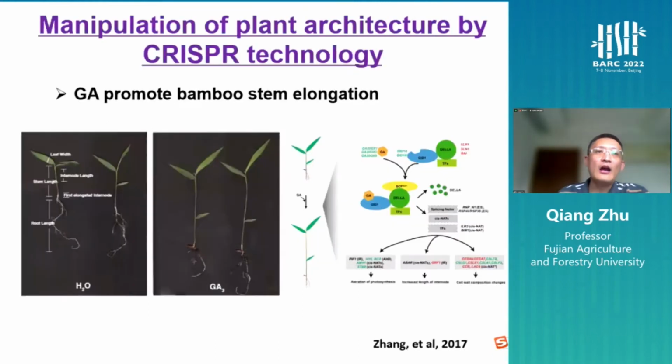So, how to apply CRISPR technology in bamboo improvement? We chose a gene related to the gibberellin signaling pathway. In 2017, one of my colleagues, Professor Gu Lianfeng, investigated how bamboo responds to exogenous gibberellin, and they identified a number of important genes involved in the gibberellin signaling pathway.